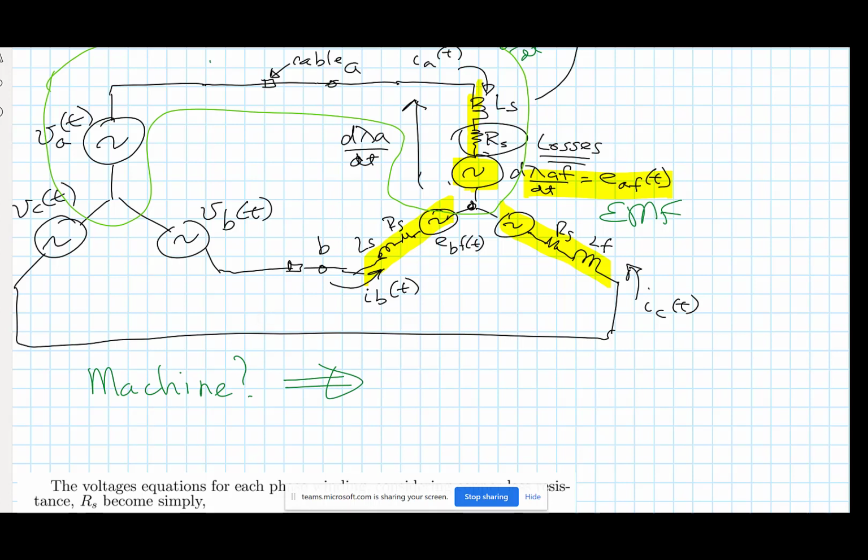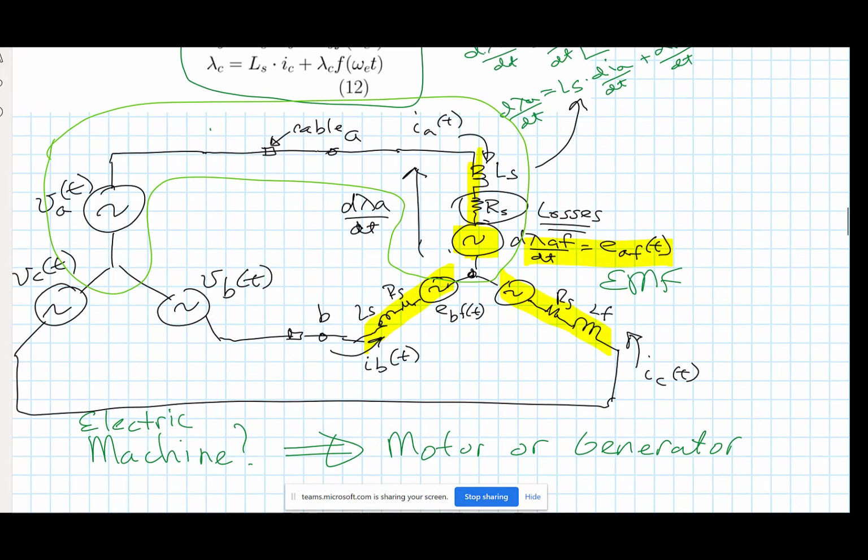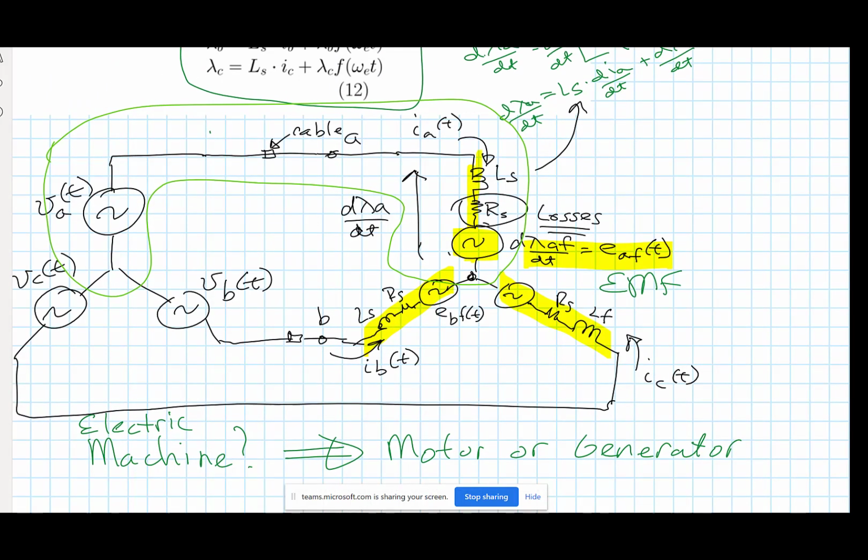If I say it's an electric machine, it's either a motor or a generator. Yeah, exactly. It's a motor or a generator. So what have I just drawn? Is this a motor or a generator? What do you think? Motor. It's a motor, right, because I'm applying a voltage to it.